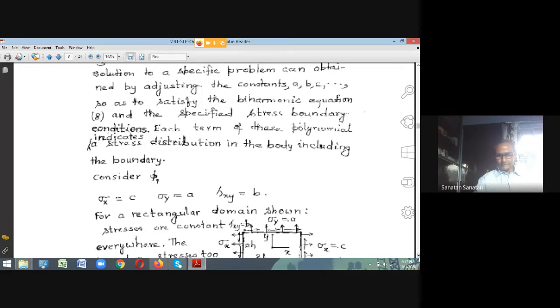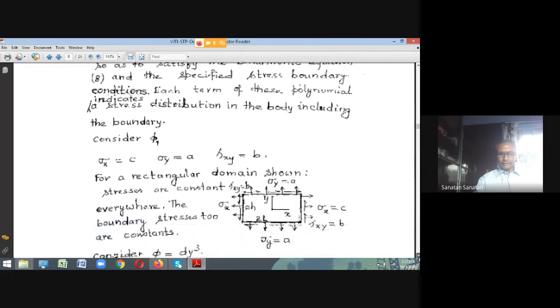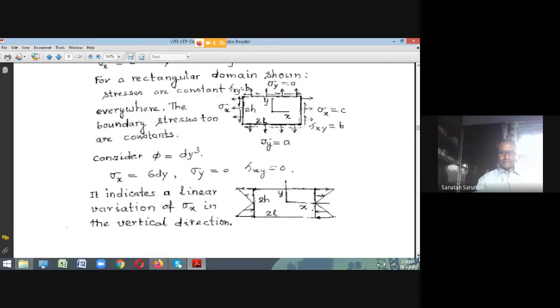And what are the boundary stresses for a rectangular domain like this? Let's say this is in xy coordinates, a rectangular plate with length 2L and height 2h.